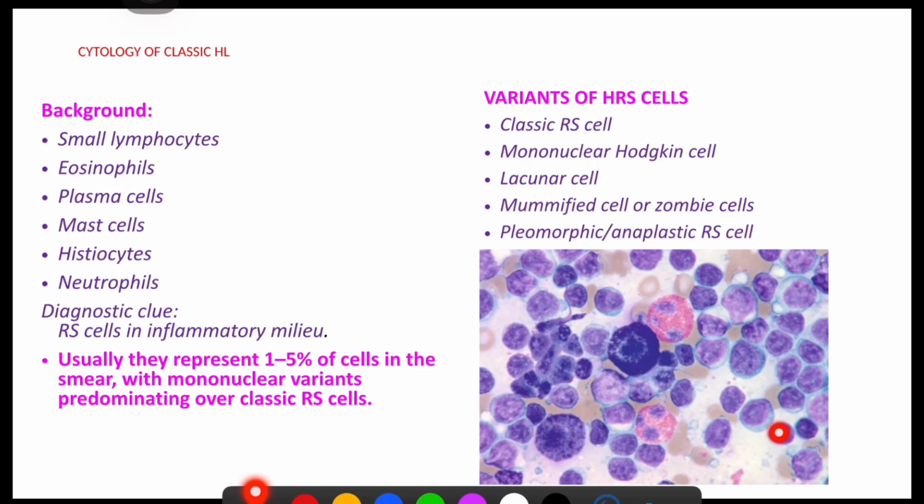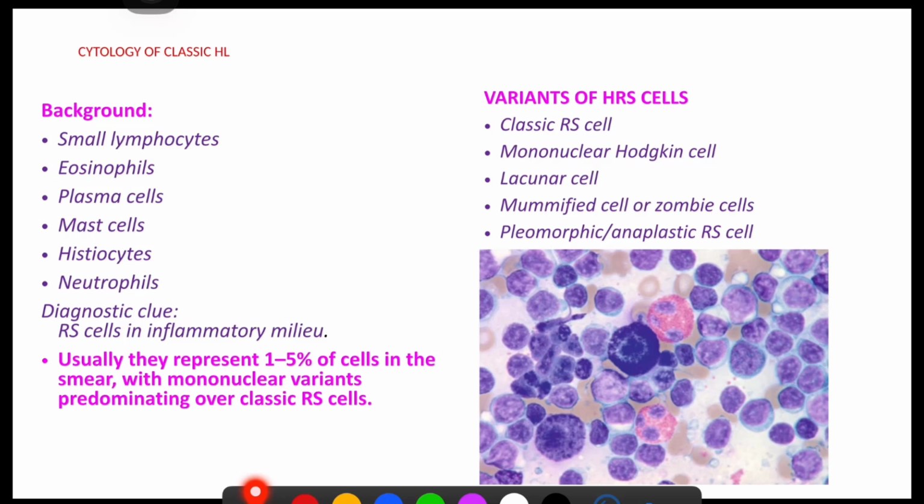Here you can identify small lymphocytes, eosinophils, plasma cells sometimes, and mast cell having bluish granules, histiocytes, and neutrophil. So the diagnostic clue is the presence of RS cells in this inflammatory milieu, and this RS cell represents 1 to 5% of cells in the smear, with mononuclear variants predominantly over classic RS cells.